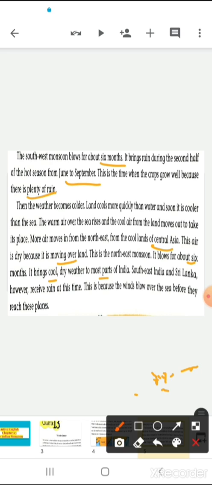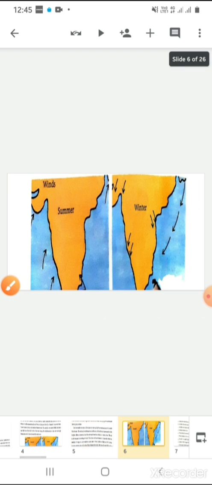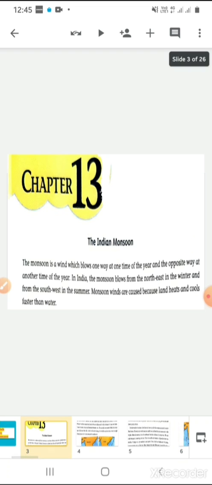Southeast India and Sri Lanka, however, receive rain at this time. This is because the winds blow over the sea before they reach these places. This is the map. Okay, I hope you understood the chapter. This is all about the Indian monsoon.